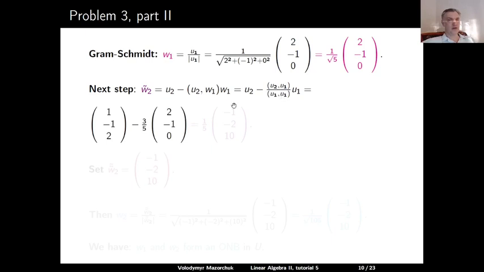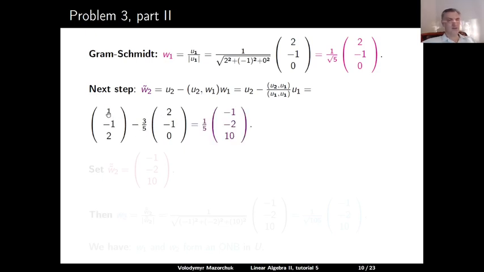So the vector u2 is (1, minus 1, 2). The vector u1 is (2, minus 1, 0). We know that the scalar product of u1 with itself is 5. We computed it here. And the scalar product between these vectors is 2 plus 1 plus 0. It's 3. So w2 tilde is u2 minus 3 divided by 5, u1.